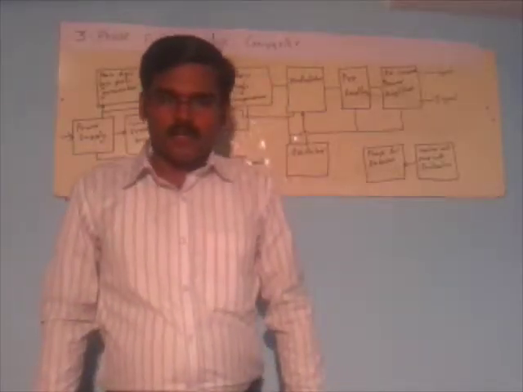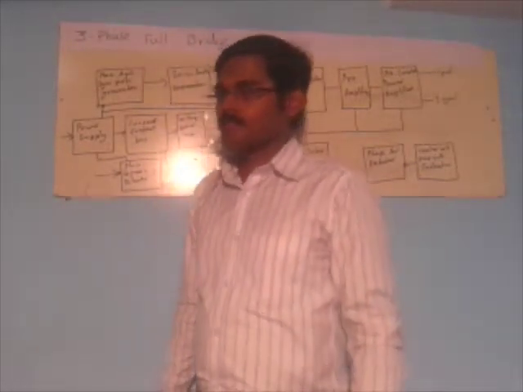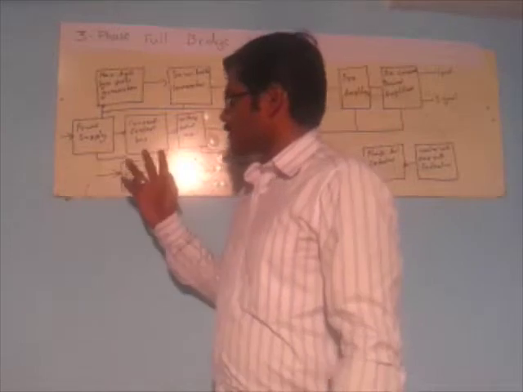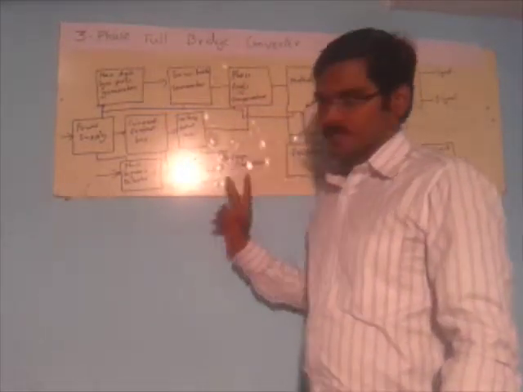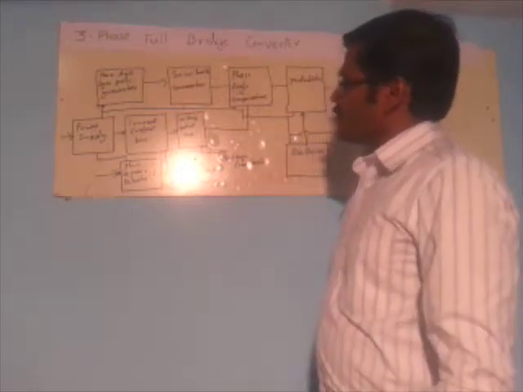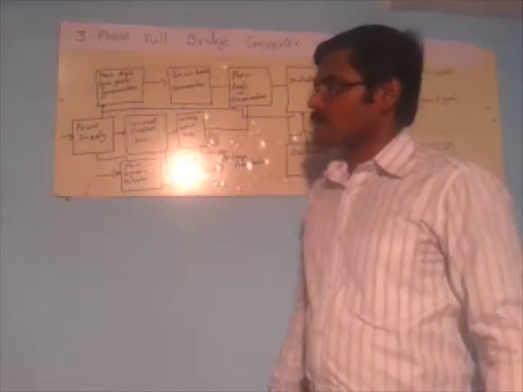Let us explain the control section of the three-phase full bridge converter. Here we can see the block diagram of the control section. The first block is the phase angle impulse generator.